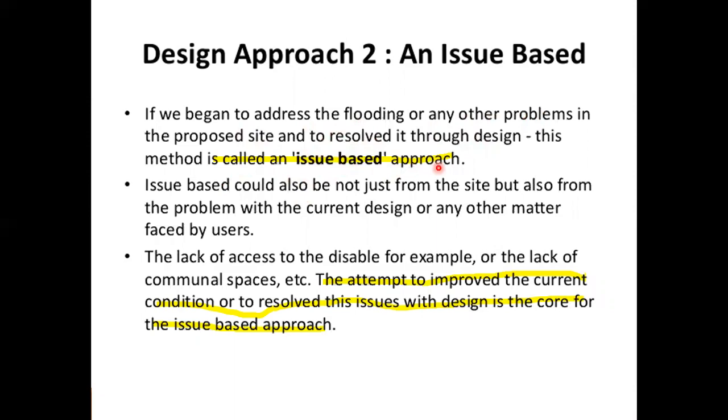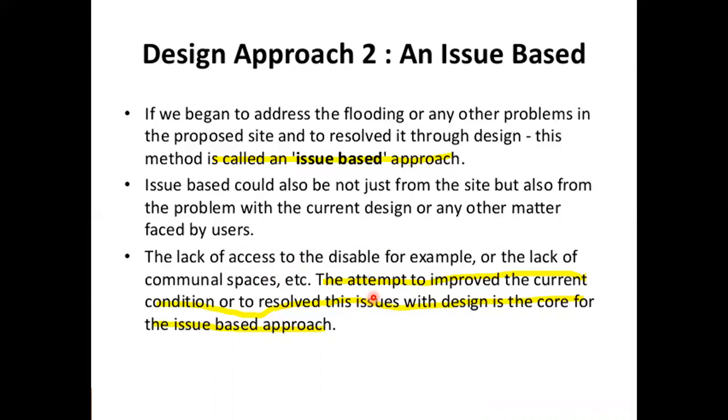Initially, I had just picked the keyword heavy rainfall. Now I am picking the key issue, that is flooding in the site. Another example is if I'm designing a building having a lack of access for the disabled or a lack of any communal spaces, what will be the attempt?